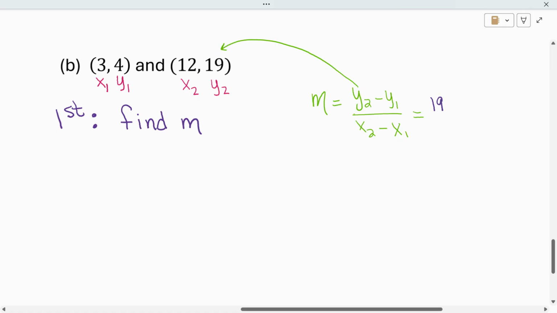So I have 19 minus, Carla, what value represents y sub 1? 4. Good job. Over. Ariana, what value represents x sub 2? Awesome. Minus. Ken, what value represents x sub 1? Where is x sub 1? 3. Good job.